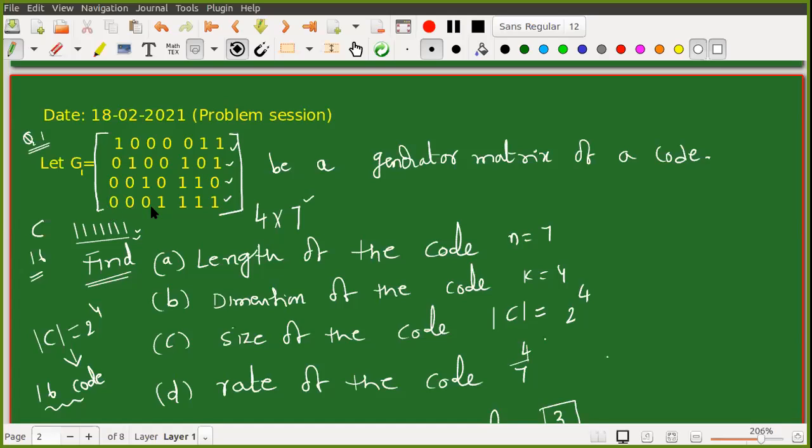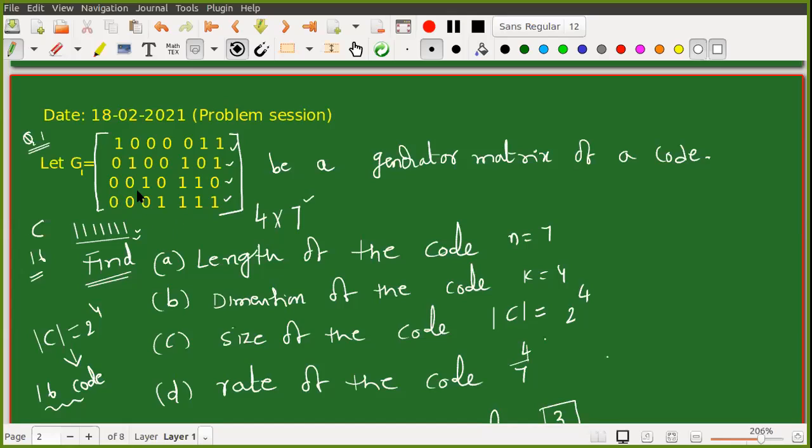Now over to Pragati again. Just say yes or no. Pragati, can it have a code word of length 5? Hello, Pragati, are you there? Yes, sir.